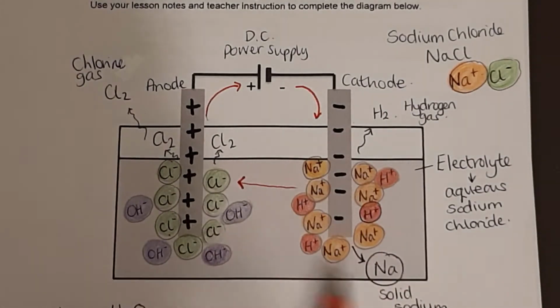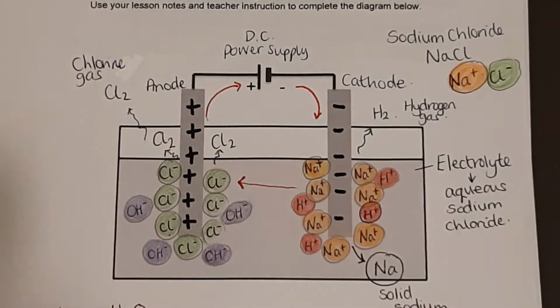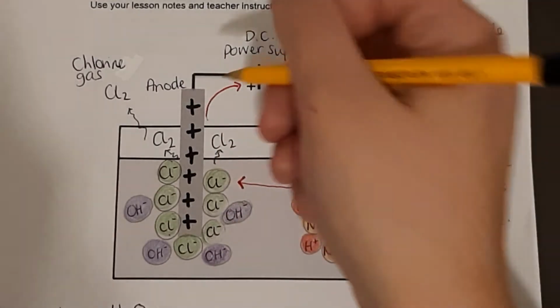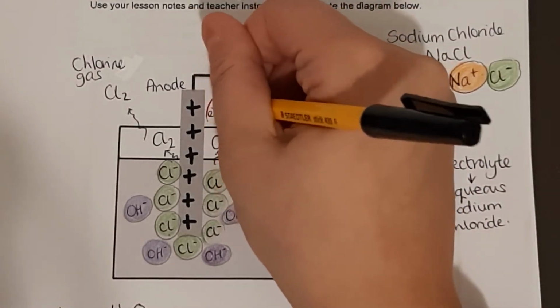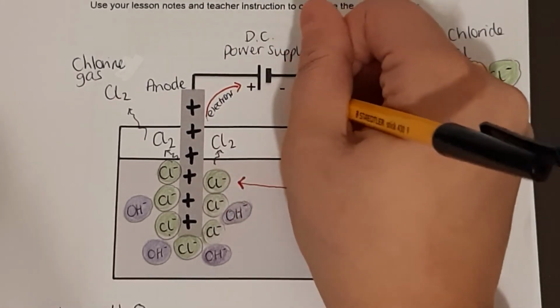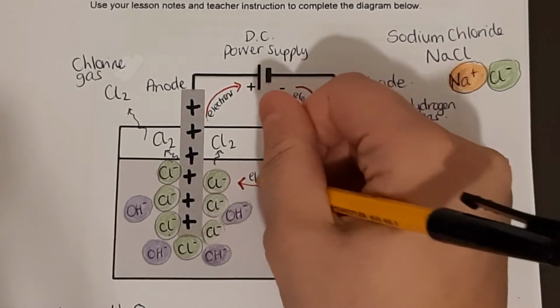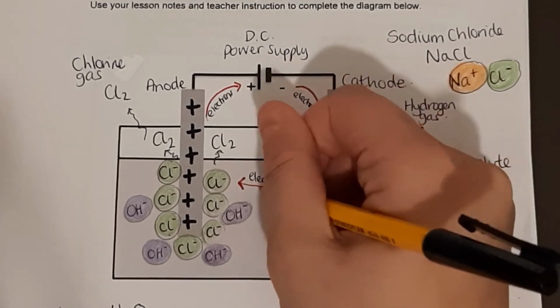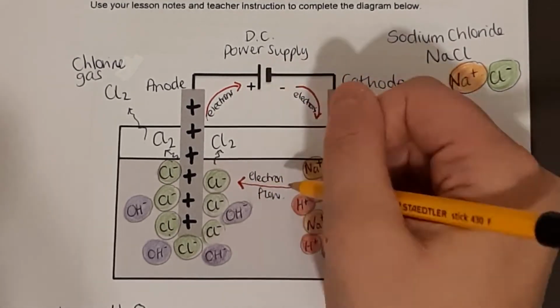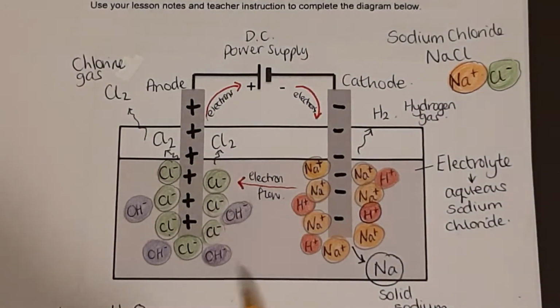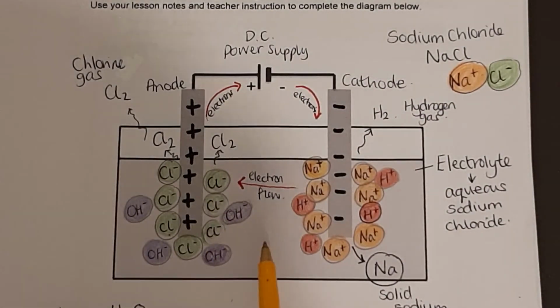Now our ions move in both directions. We're going to label this as the electrons. This is the movement of electrons making the current flow. So this is the electron flow, or in fact, really it's the flow of negative charge.